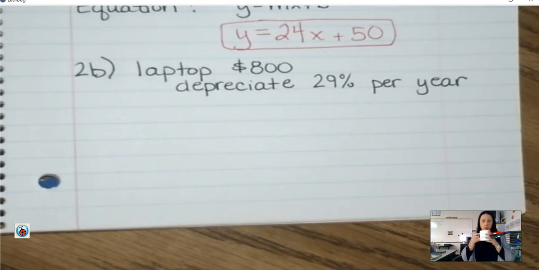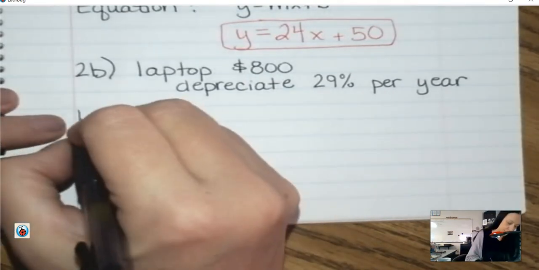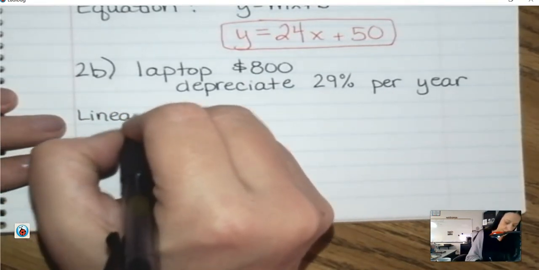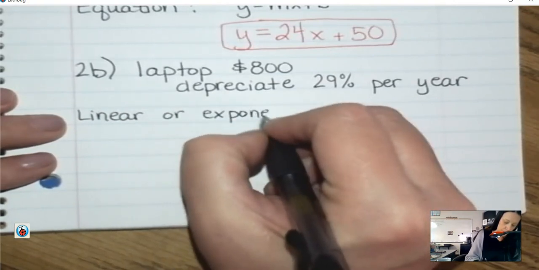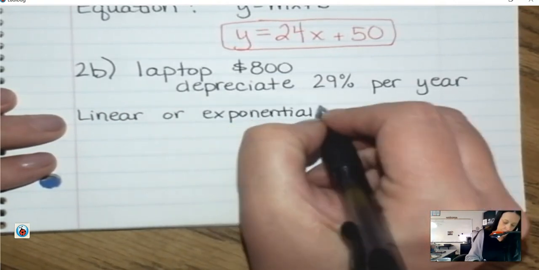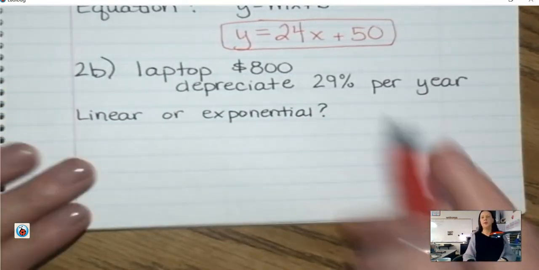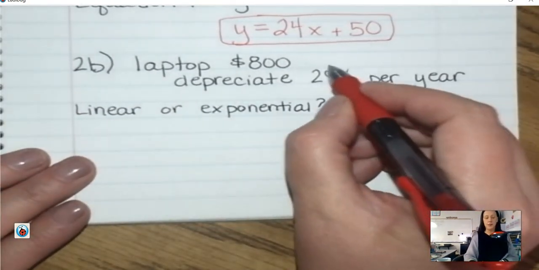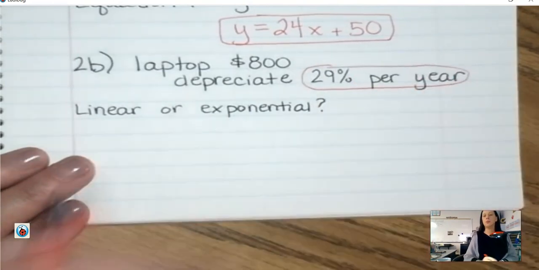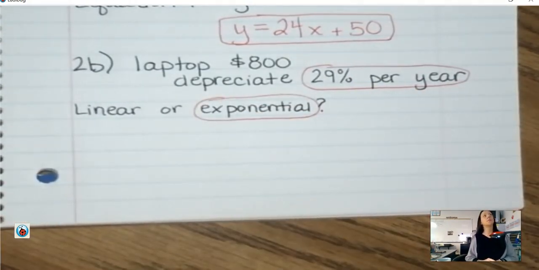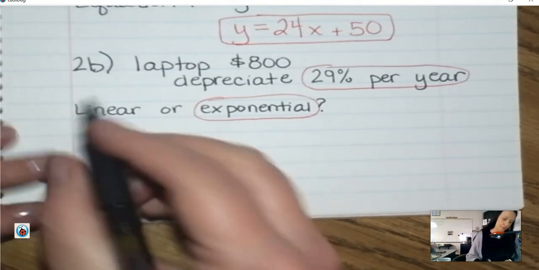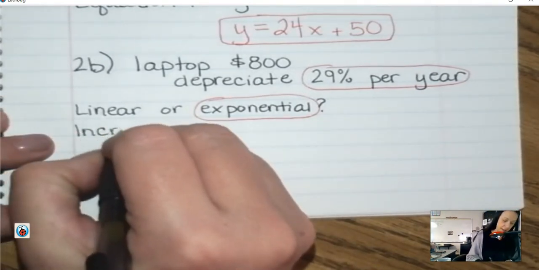First I want to know if it's linear or exponential. Your cue is, if you see percentage, it's probably going to be exponential. Then I want to know if it's increasing or decreasing.